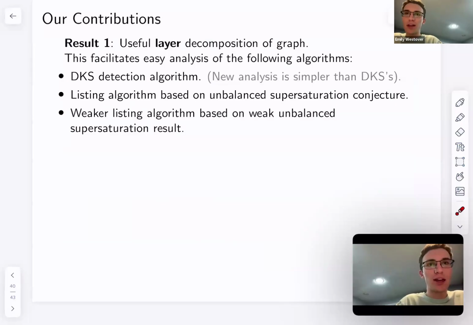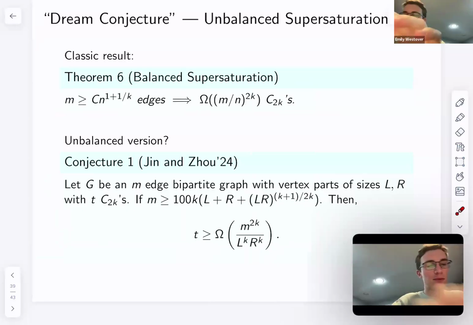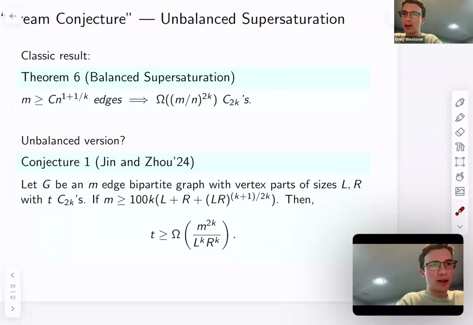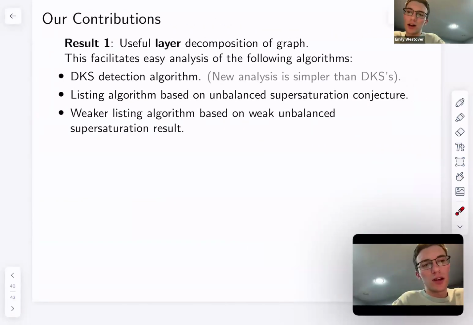But it turns out that even without having proved this result, we were still able to get some improvement over the previous state of the art for listing algorithms. And I'll tell you about that now.